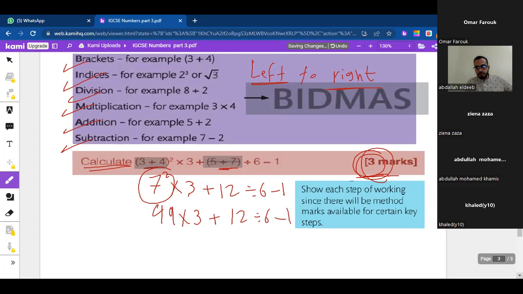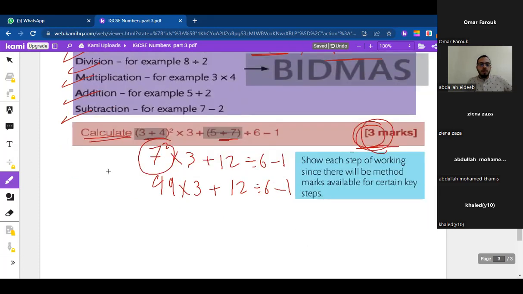Then multiply 49 by 3, which is 147. Plus 12 divided by 6, 2, minus 1.